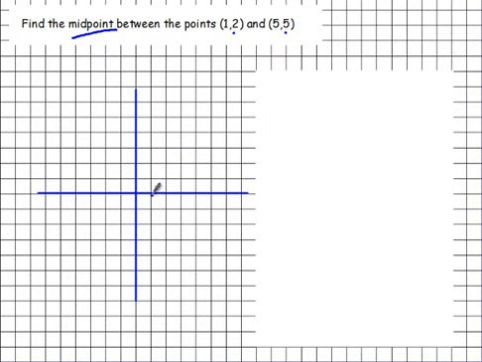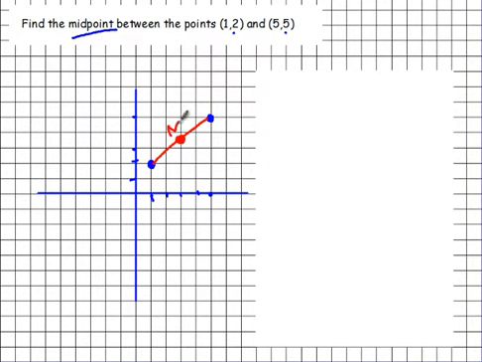All right, as we've done before, let's start with putting these points onto our graph. So the point 1, 2 is here, and the point 5, 5 is up there. Now, if I was to join these up with a line, just so we can see what we've got, what I want to find is a point here, which I'll call M, the midpoint.